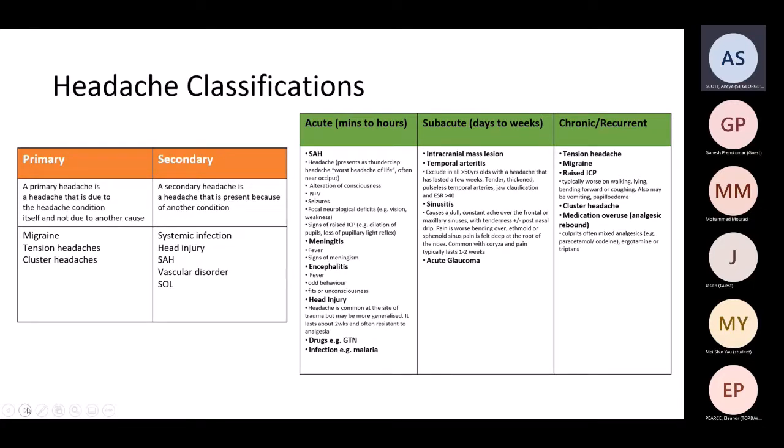So that's things like intracranial mass lesions, temporal arteritis, sinusitis, and acute glaucoma. And then you've got your longer chronic headaches. So they're things like the tension headaches, migraines, raised ICP as well can build up slowly, cluster headaches, and then medication overuse headaches as well.